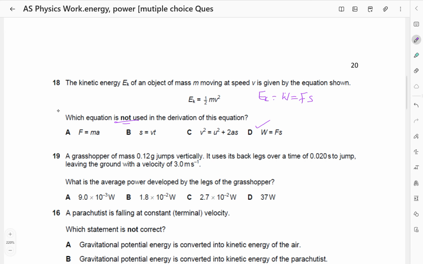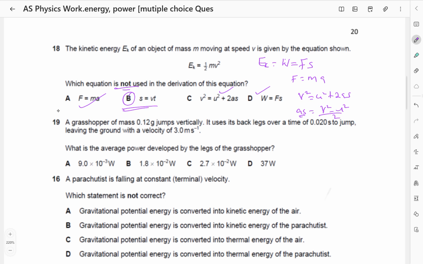And the force is equal to mass times acceleration, so this is useful. And to find acceleration, we shall need v squared equals u squared plus 2as, and it means a times s will be equal to v squared minus u squared divided by 2. So it means an equation which gives us as is also useful. So it means this one is not useful. That one is not useful.